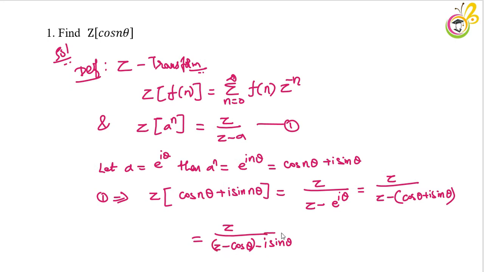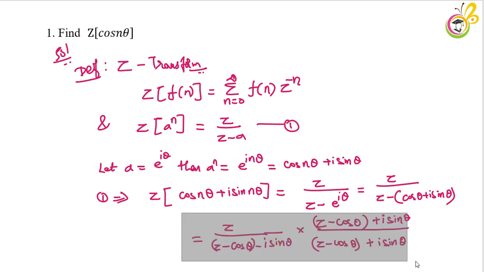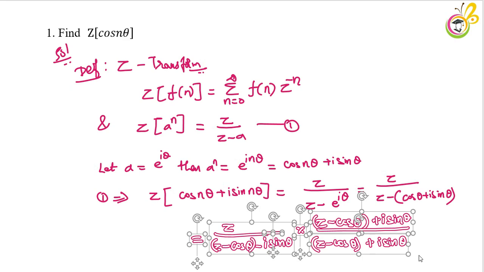For this denominator, we are going to multiply by its conjugate, which is z minus cos theta, the conjugation being plus i into sin theta, and divided by z minus cos theta plus i into sin theta. So let us consider this result for the next slide.